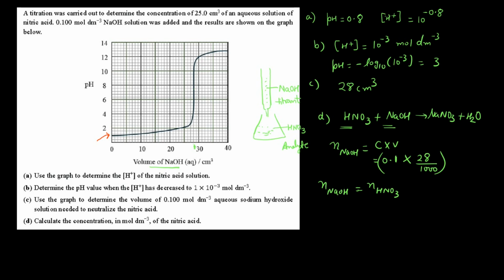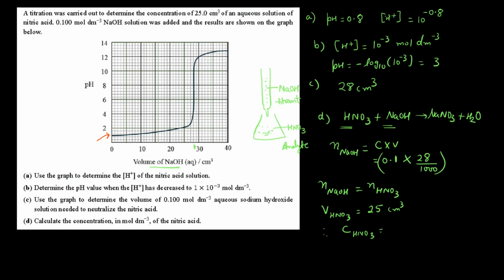So the volume of HNO3 is given, which is 25 cm cube. It's given in the question. So therefore the concentration of HNO3 will be the moles, divide by the volume.